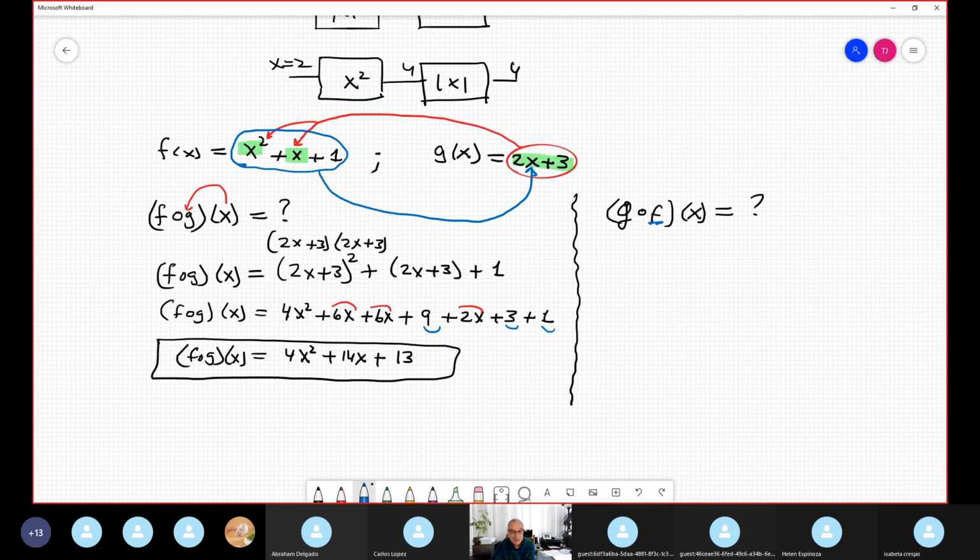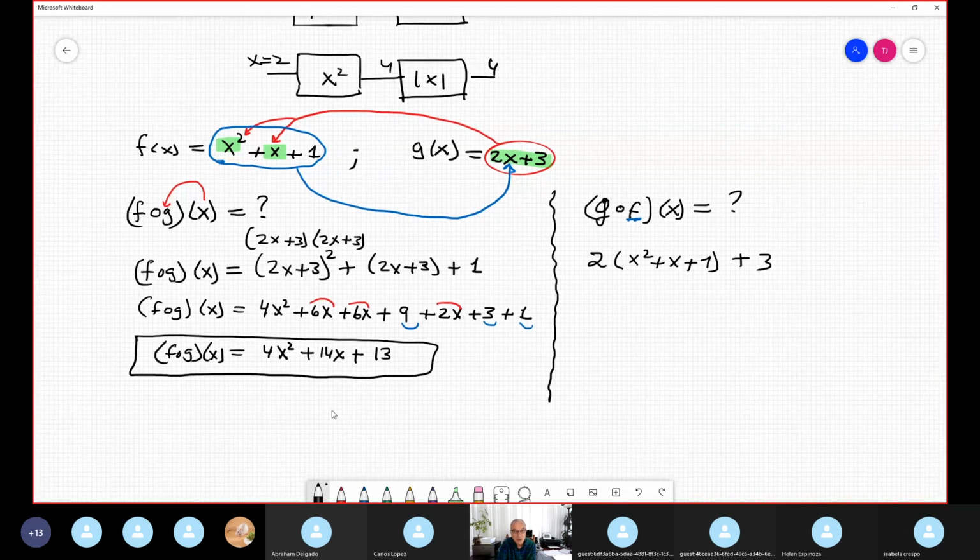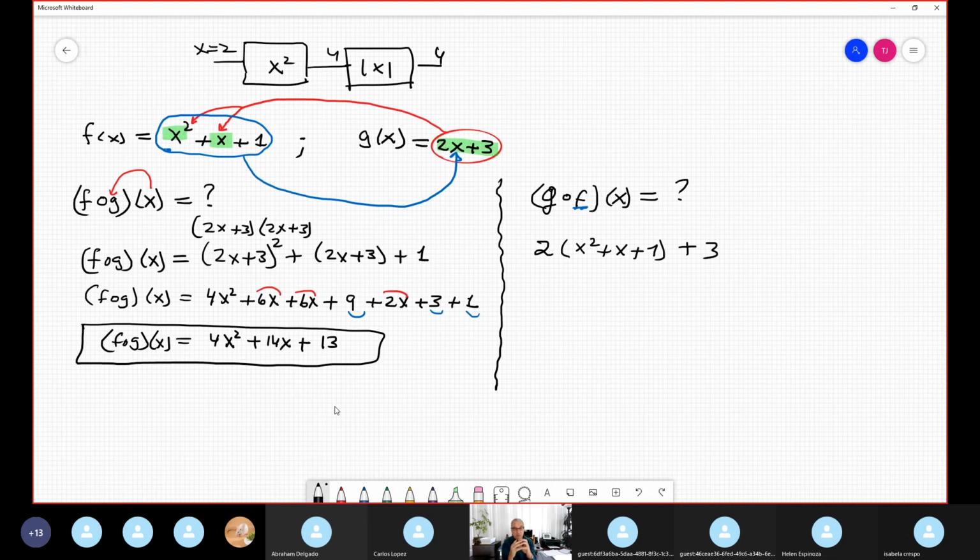So now the action is 2 times something, 2 times x squared plus x plus 1, plus 3. Do you understand the thing I am doing or no? So you take the entire F, I enclose it in the blue color, and I replace it for the X in G.